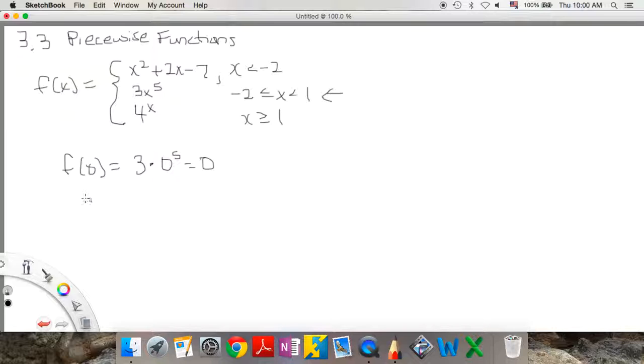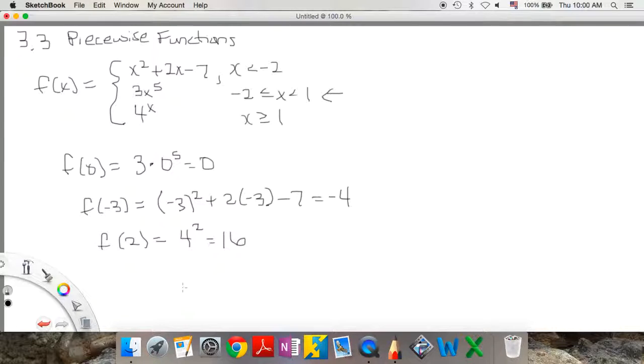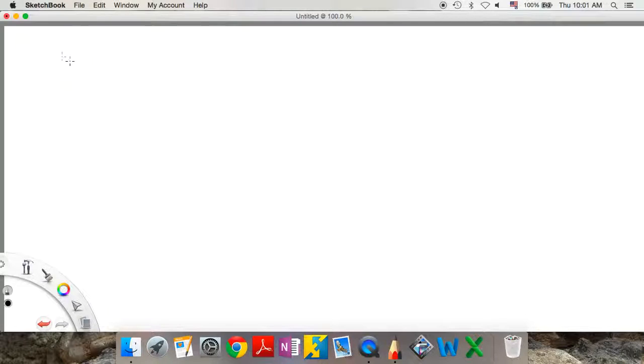Or if we want f at -3, then we have to use the piece that uses -3, and that's that top piece, and plug that in, and we get -4. And if we want our function value at 2, we're looking at this bottom piece, so that means it's 4 squared, which is 16.